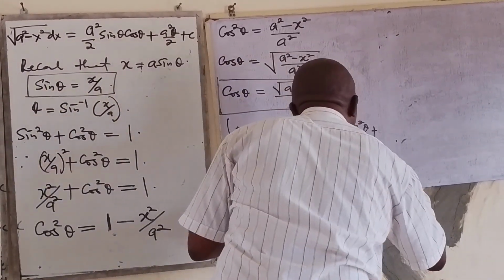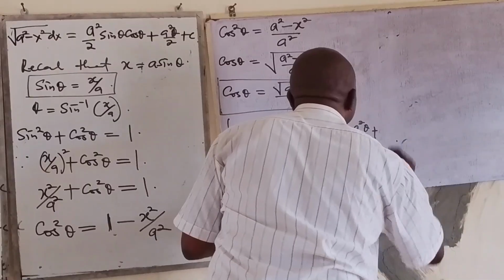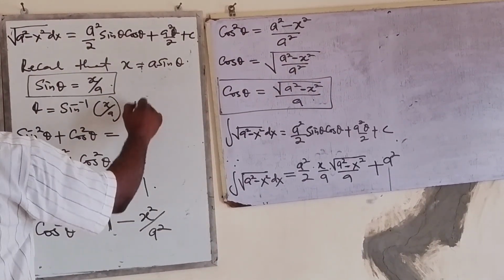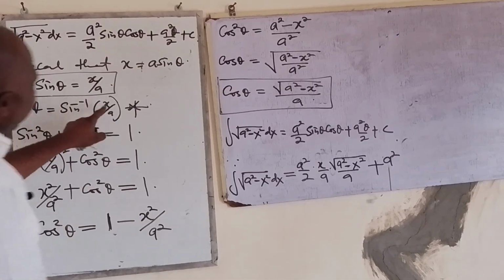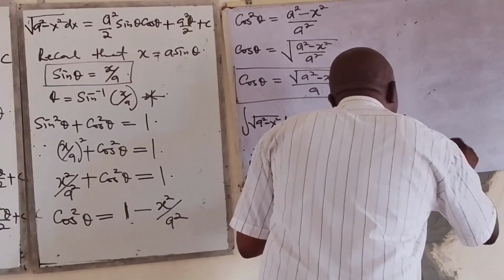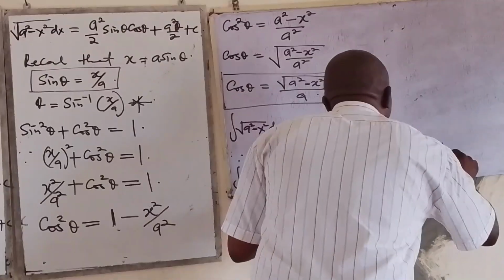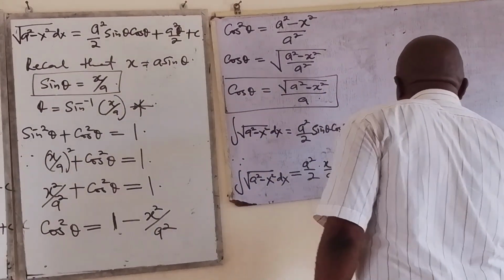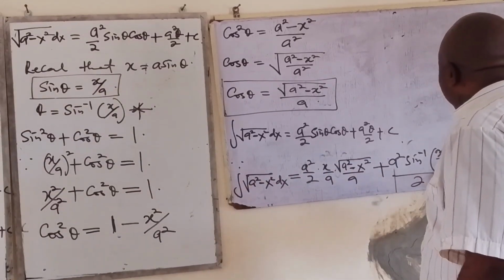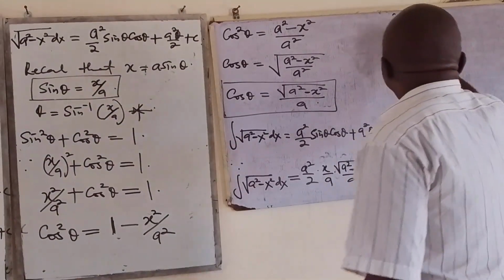Then here we have plus a squared theta. Now remember, theta is the sine inverse of x all over a. So here we have sine inverse of x all over a. Now the whole of this all over 2. Then here we have plus constant.